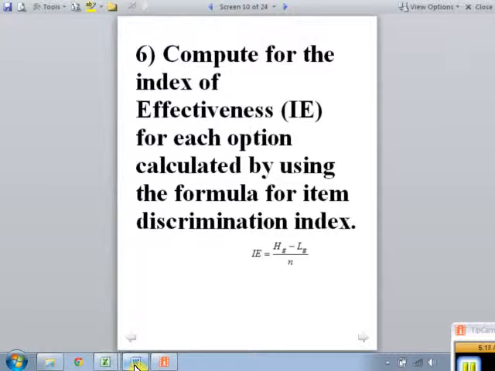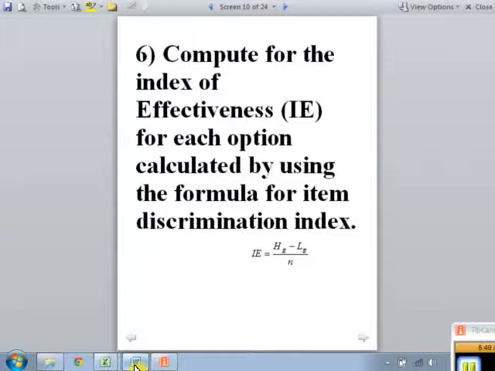After you have computed how many students chose each of the options, we are going to compute the index of effectiveness. What we did a while ago was just eyeballing, estimating. Because, as I've said, in everything, even if you're computing and you have the formula, I want you to look at it in a logical way. The computation is only a formula; common sense is also needed.